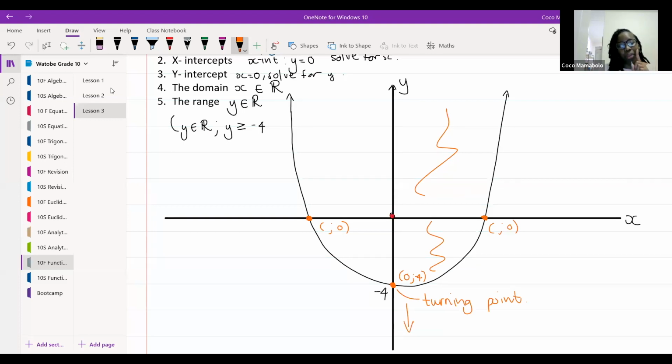So we're not pinpointing one number. We're talking about all the numbers. So you can't put -3 there. You need to say all the numbers except the ones underneath -4. That's why we add the element of real numbers. Thank you, ma'am.